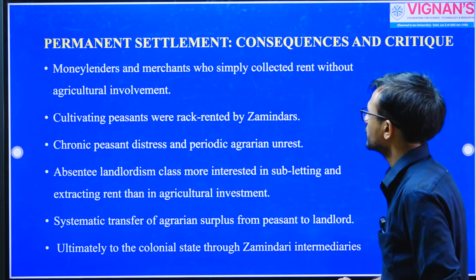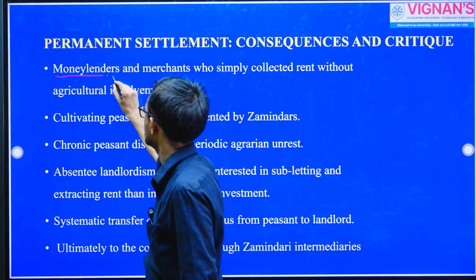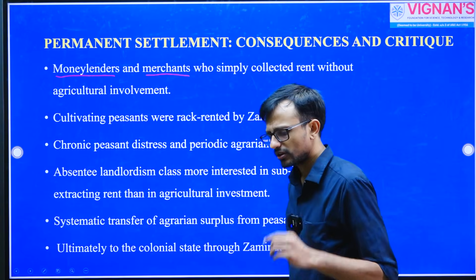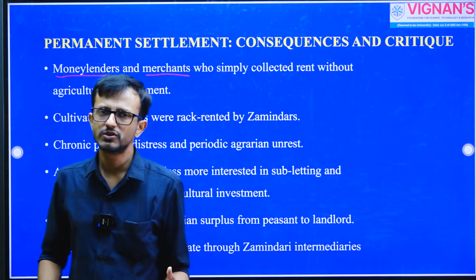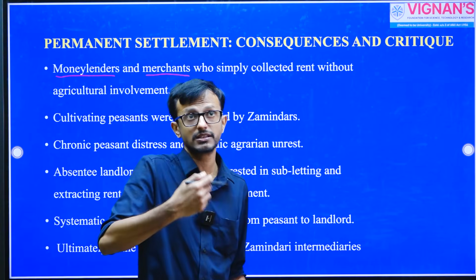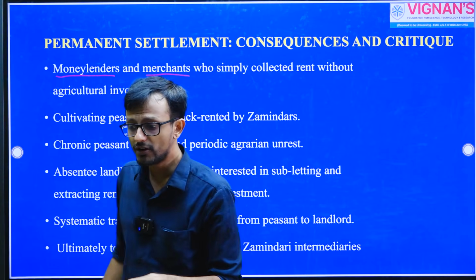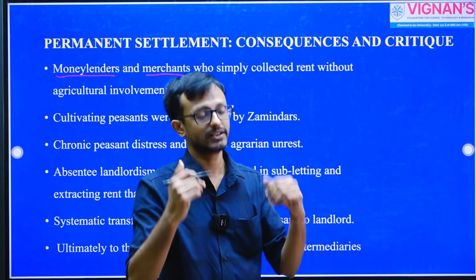And you see also the class of money lenders evolving. It is very important to speak about money lenders and some merchants. So along with the jotedars, along with the absentee landlords, you see that because the peasants are forced to pay rent to the zamindar, what will they do? They will take money in debt.